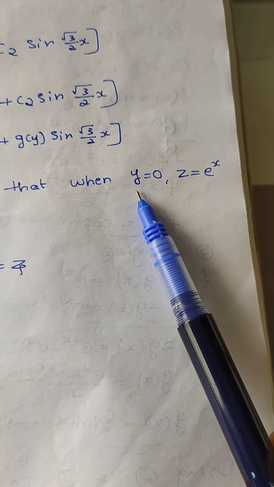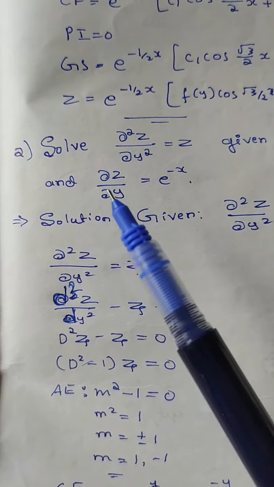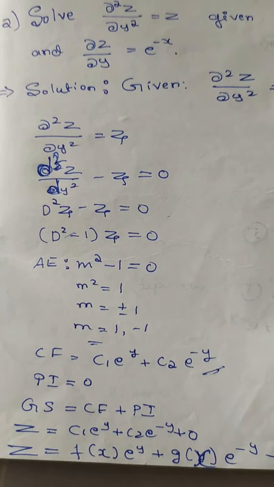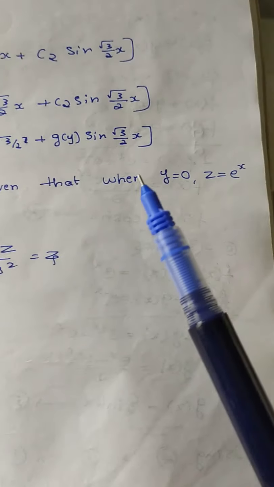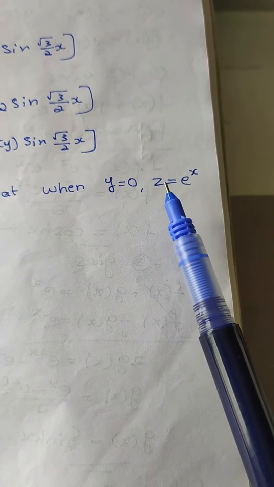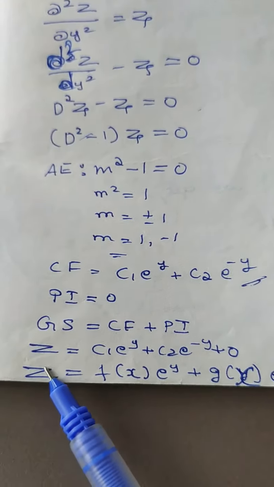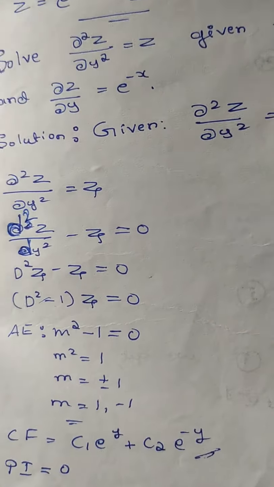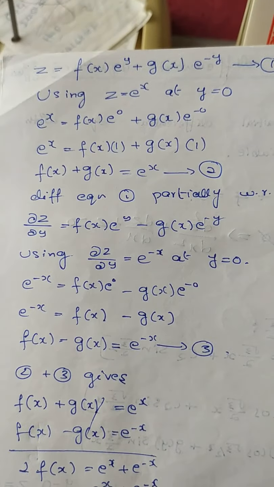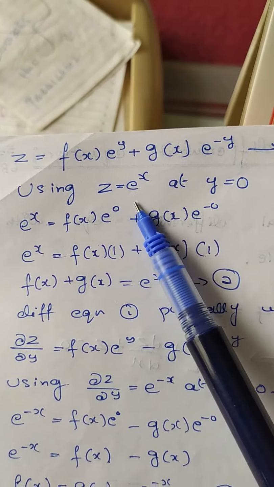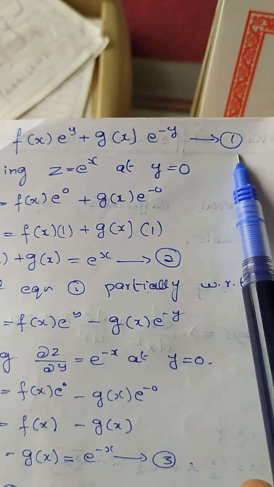When y is equal to 0, z is e power x and dou z by dou y is e power minus x. We can apply the first condition: z is e power x when y is equal to 0 in this solution.